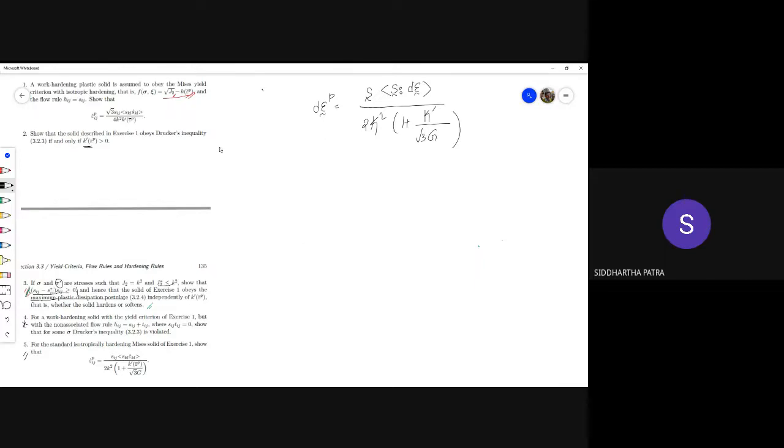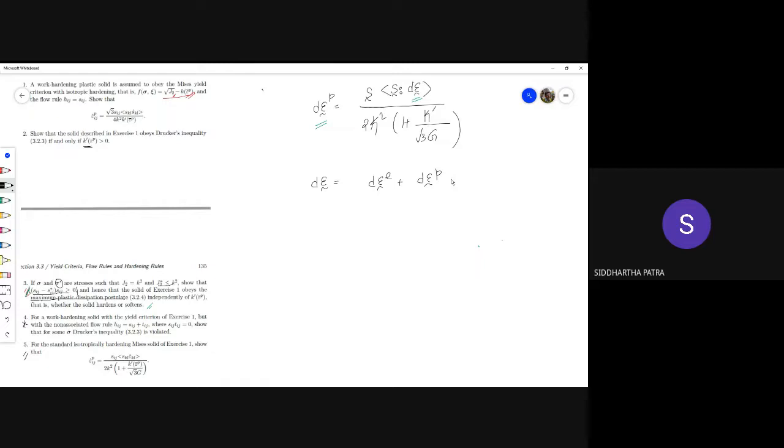Now, please note these two strain increments. This is the plastic strain, and this is the total strain. Now, the total strain increment can be written as the following: the elastic strain increment, and then the plastic strain increment.